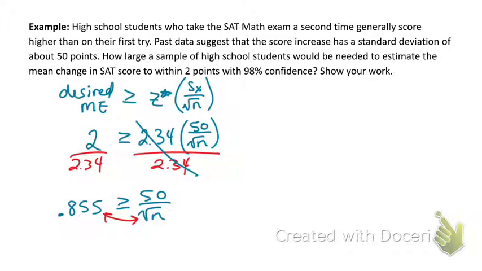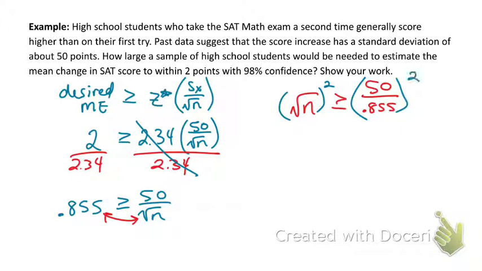So you can just say the square root of n is greater than or equal to 50 over 0.855. Again, just switching those two things. That just saves you a step. And then right here, all you're doing is squaring both of these sides. So you can write 3 steps in one right there.